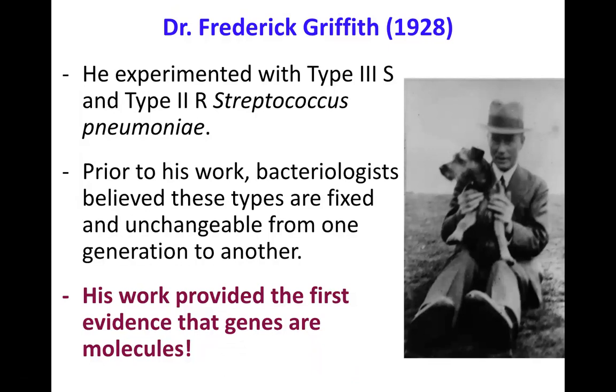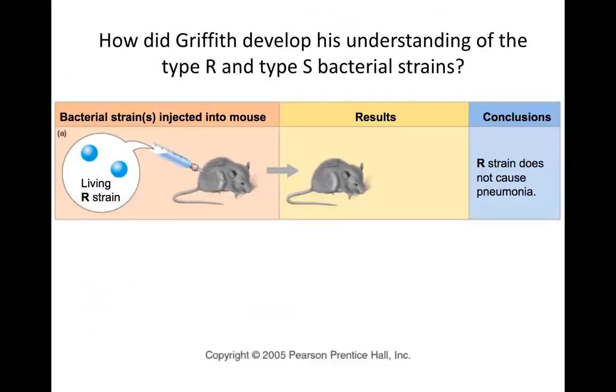But his work provided the first evidence that genes are molecules and that things can change. In other words, these bacteria are not fixed to stay in the form that they're in. And he provided some of the first evidence of that, which no one else knew about.